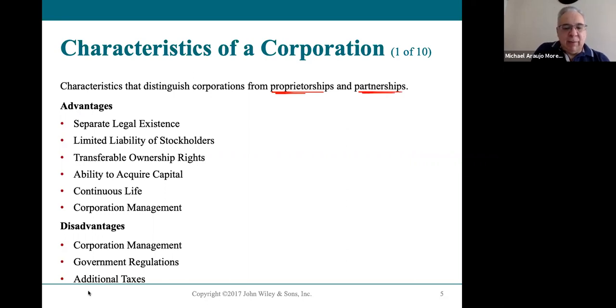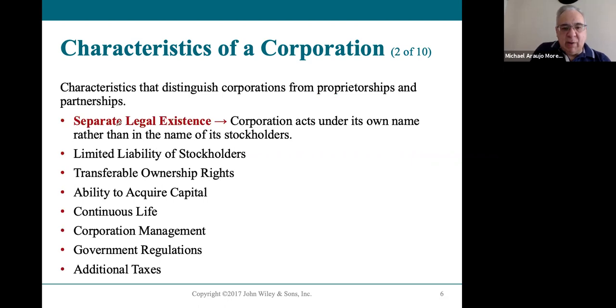Okay. One of the most glaring ones is that if you're a proprietor, sole proprietor, or a partnership, there's no distinguishing you, the person, from you, the business. Which means that if you were a sole proprietor and your business did something that causes injury or harm to others, you're getting sued.